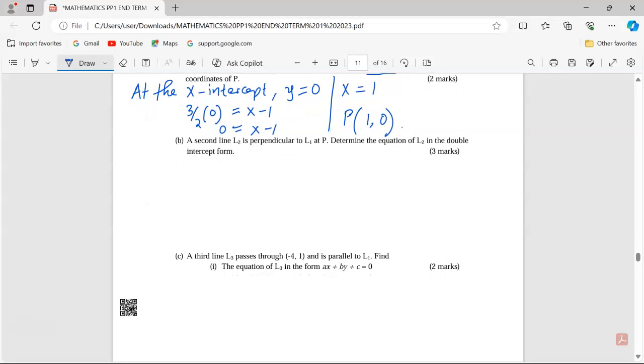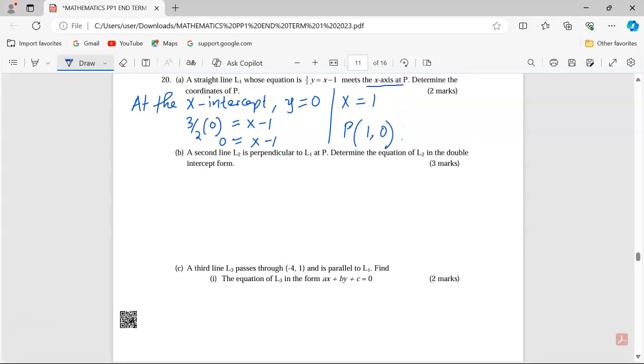Part B. A second line, L2, is perpendicular to L1 at P. Determine the equation of L2 in the double intercept form. We should know that the first line should be arranged in the form y equals mx plus c, so that you'll be able to extract the value of the gradient.